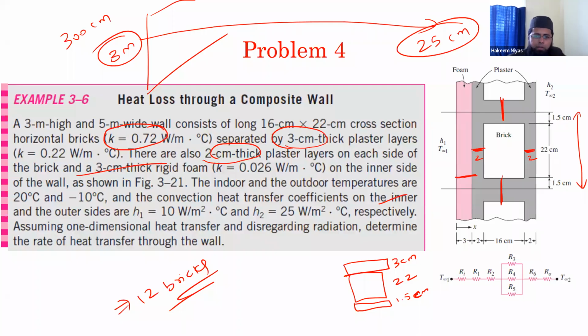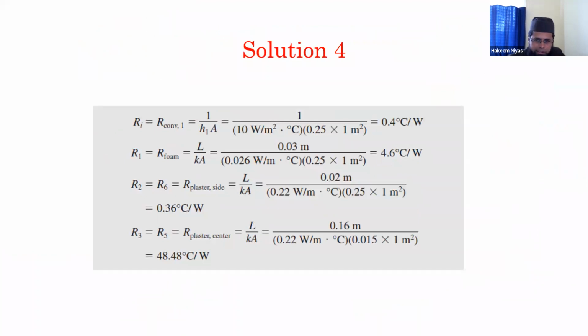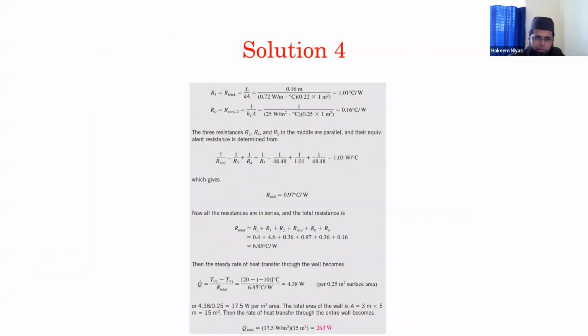If we try to solve by pen and paper, we have to find out each resistance, then add all the resistances properly, because here the parallel concept is also there, serial concept is also there. Then total resistance, then finally we can find out the Q dot value.